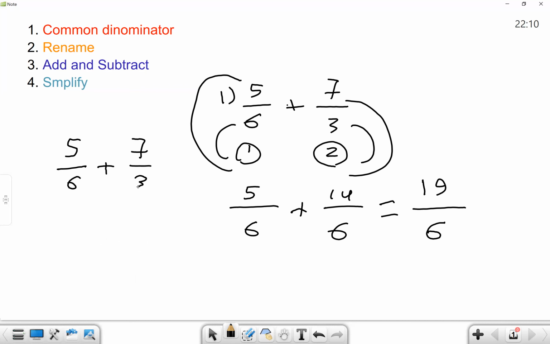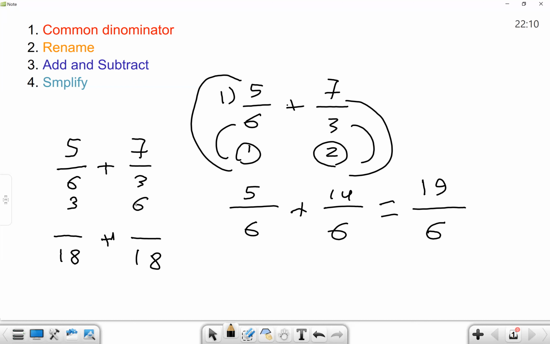Directly, we are going to multiply the denominators together. 6 times 3 equals 18. And the common denominator will be 18. To both sides, 18. 6 times what equals 18? 3. 3 times what equals 18? 6. And then, guys, this step is called rename.